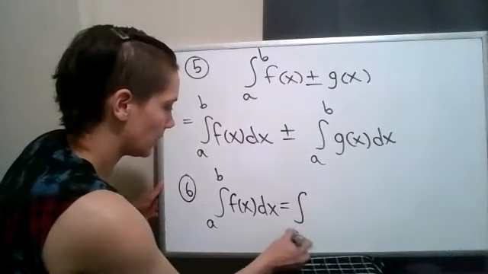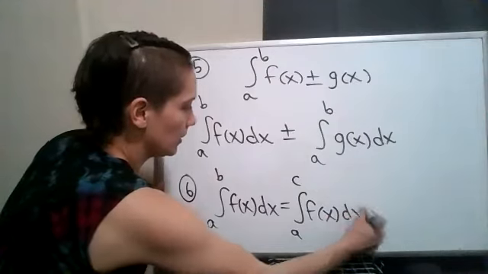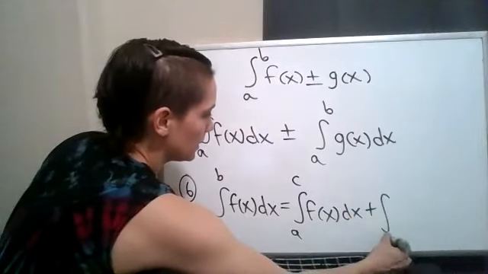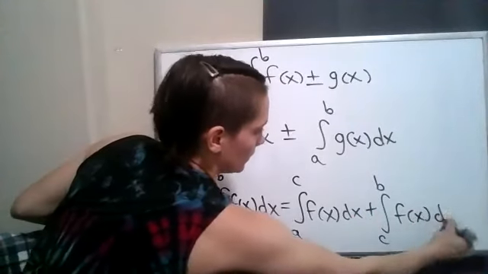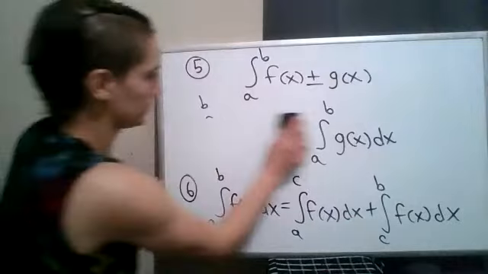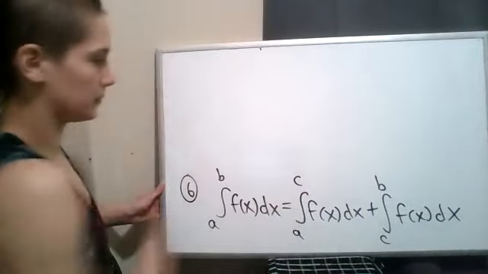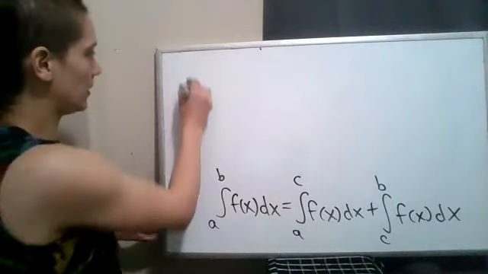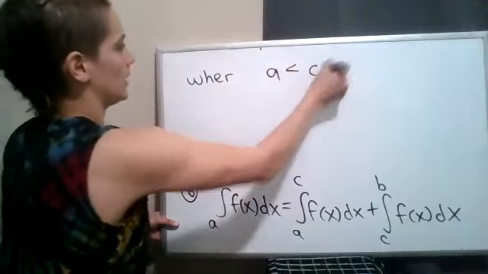So we can integrate from a up to c of your function, plus an integral that goes from c over to b of your function, where a is less than c, and that's less than b.